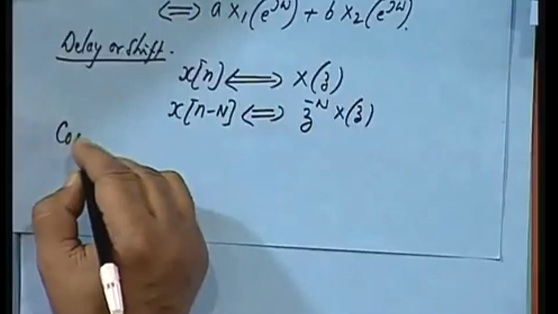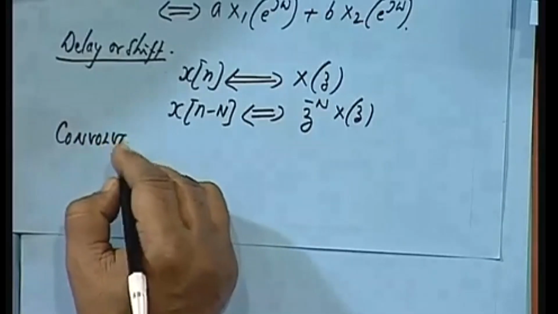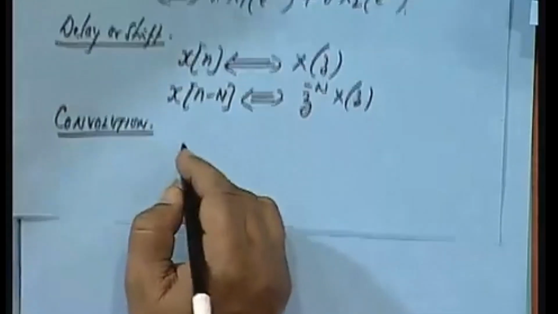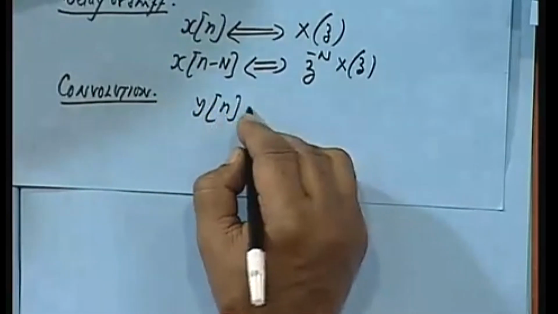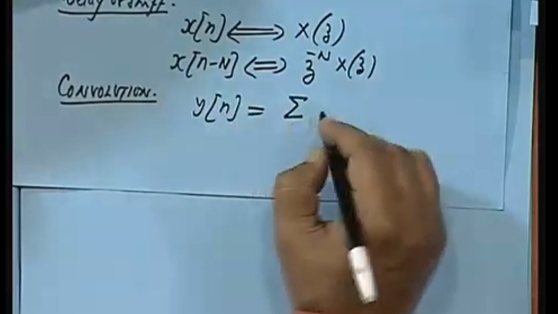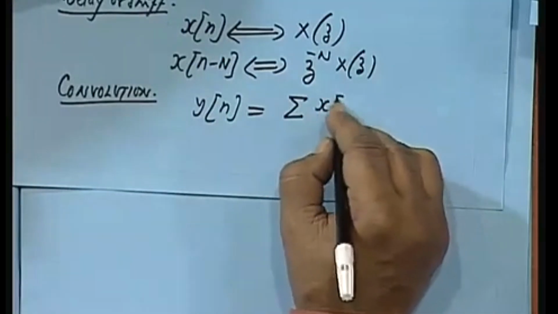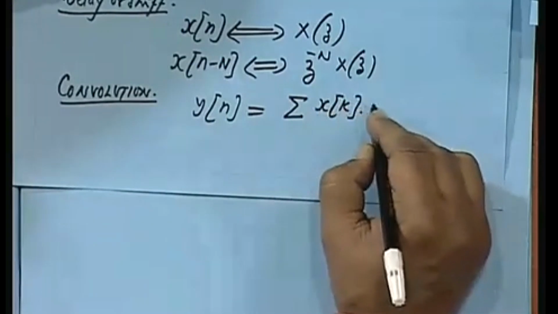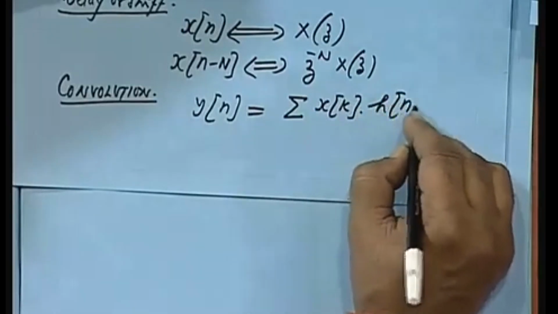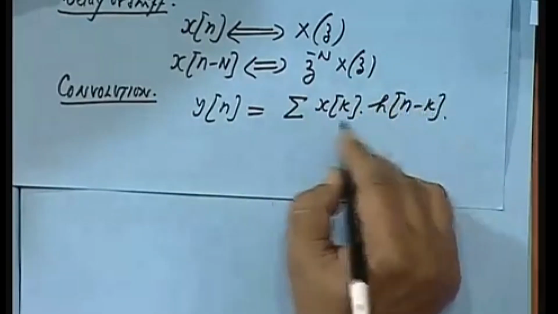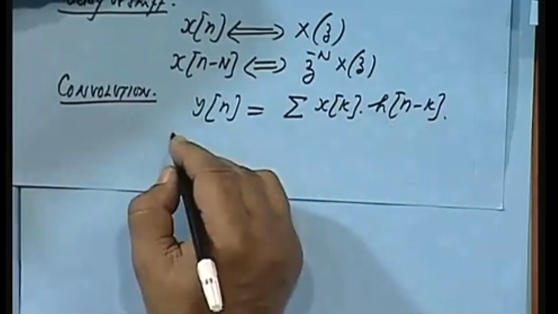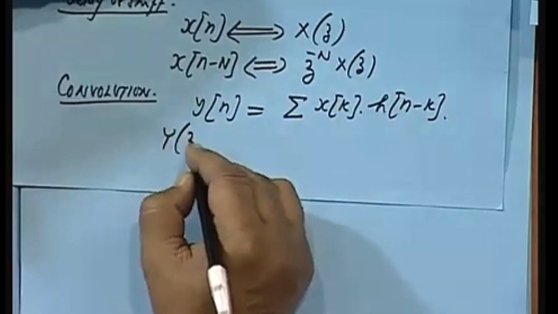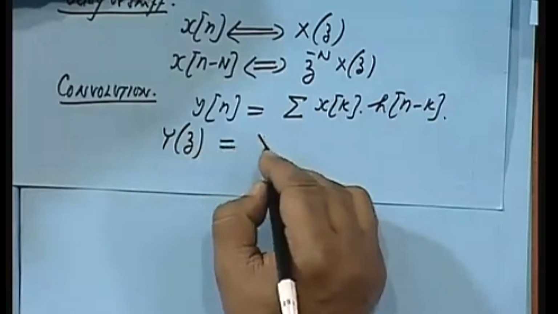Convolution: y n, if x k and h k are convolved in the discrete time domain, then in the z domain there will be a product form.